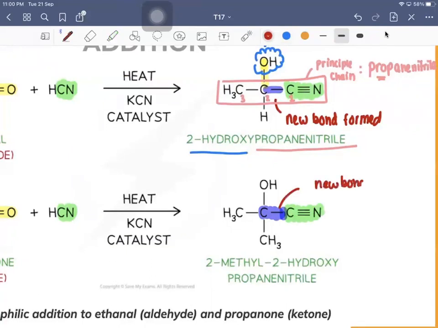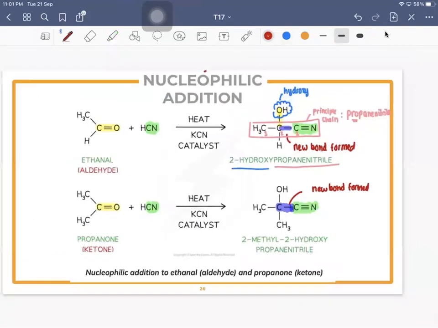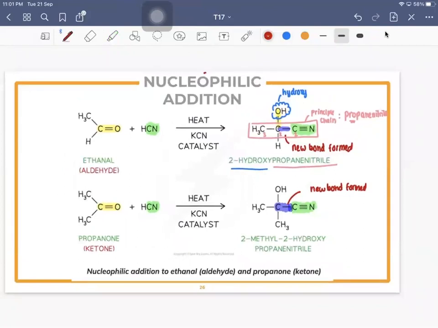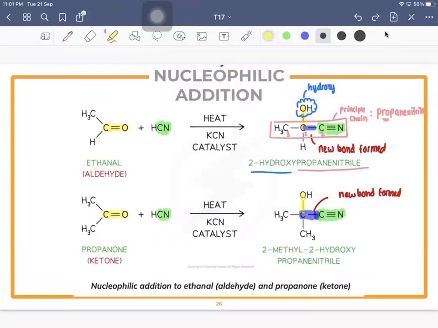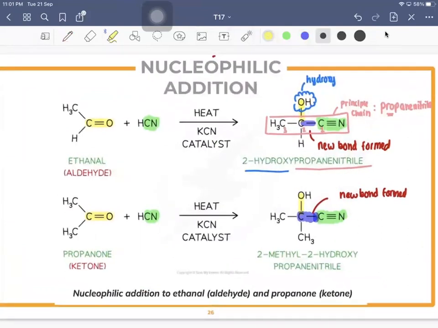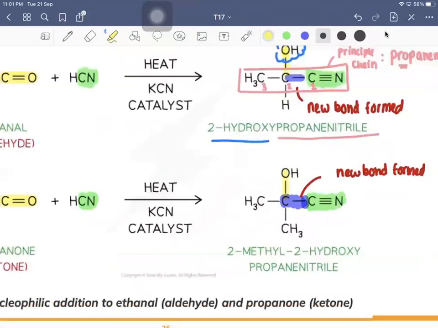What happens to your carbonyl, C double bond O? It now becomes a single bond. A single bond O, and it is attached to a hydrogen. So you'll only understand this when we look at the mechanism later. Naming.